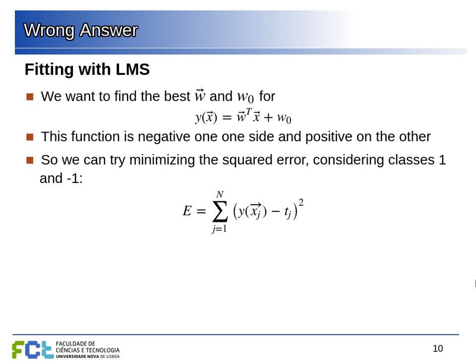So we could try to fit the discriminant in a way to minimize the error between the class labels that we're trying to predict and what the function gives us, so that we place the discriminant in a way that is positive on the class +1 and negative on class -1.